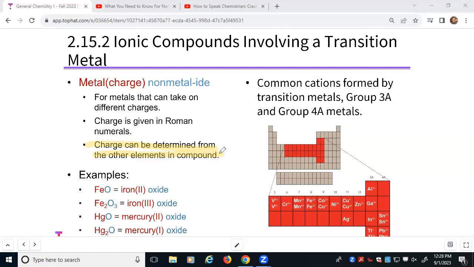So that idea of crisscrossing, well, if I've got multiple subscripts, I can reverse the crossing and figure out the charges. In the case of something like FeO, what I have to rely on is the fact that I know that oxygen is -2. And since oxygen is -2, that must mean that the iron is +2, which is why we write this as iron 2 oxide.